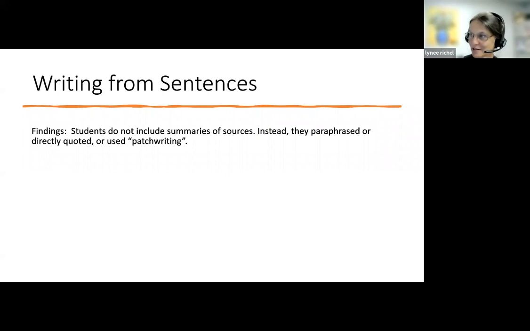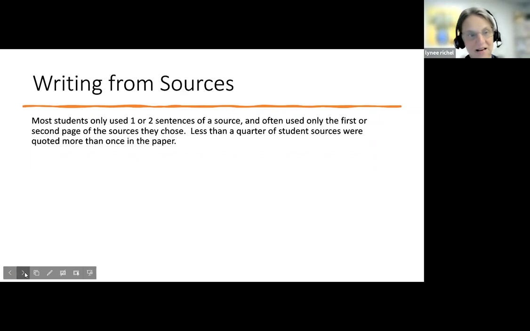Very rarely have they been able to summarize the entire source, being an entire article or an entire chapter. They are writing from one particular sentence, they're not using more than 1 sentence per source, and they're not reading in depth. In these papers, they're just using the first or second paragraph of the article.